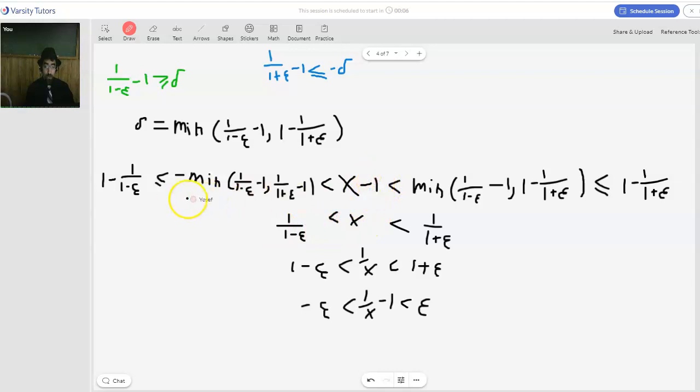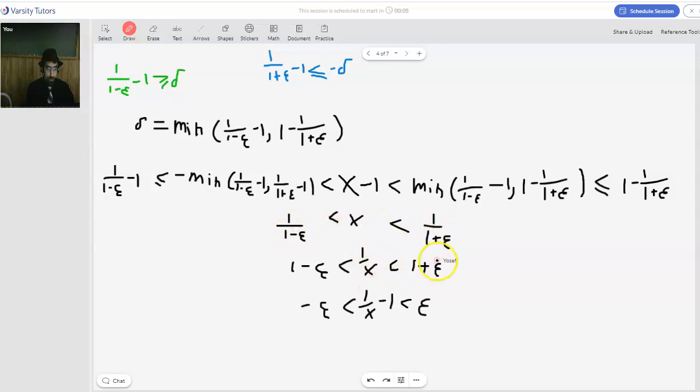Add 1 to both sides. You get this? Remember, these are still always going to be positive.